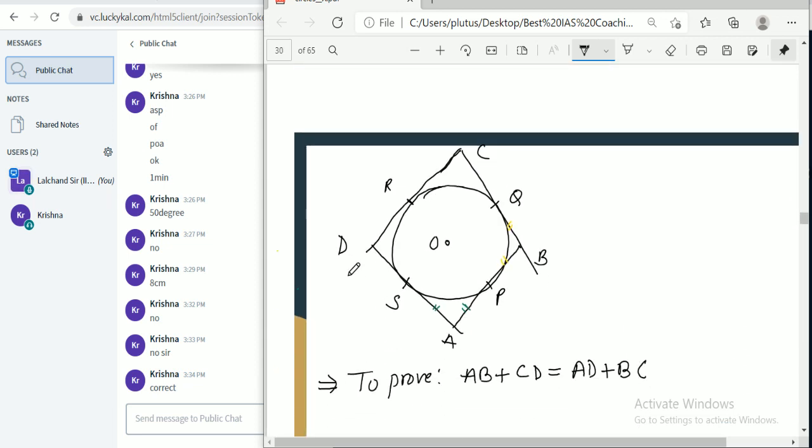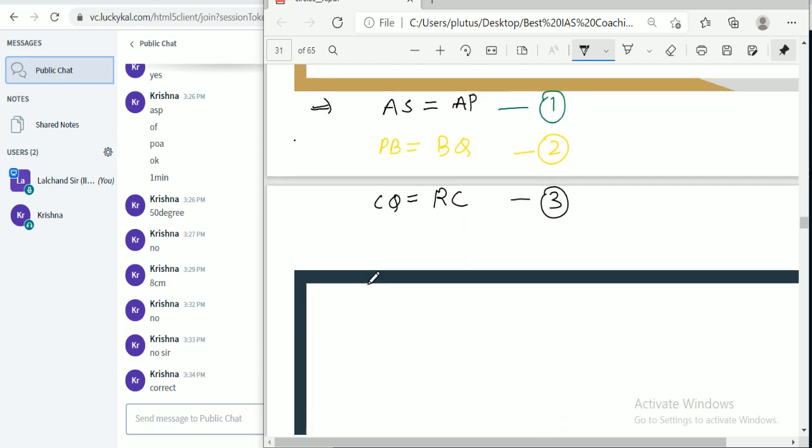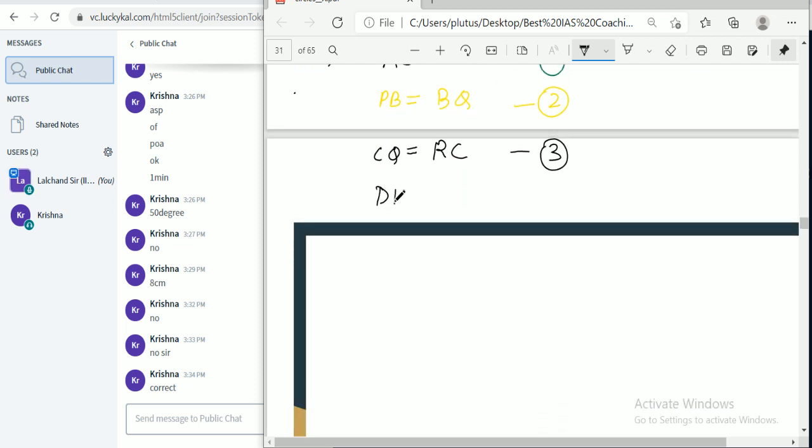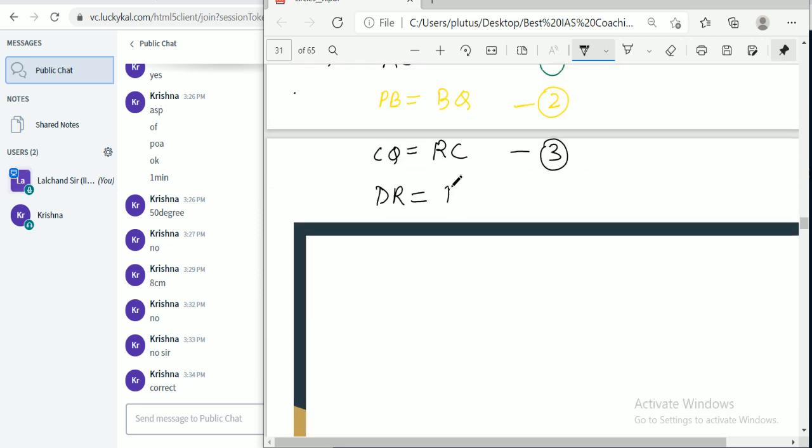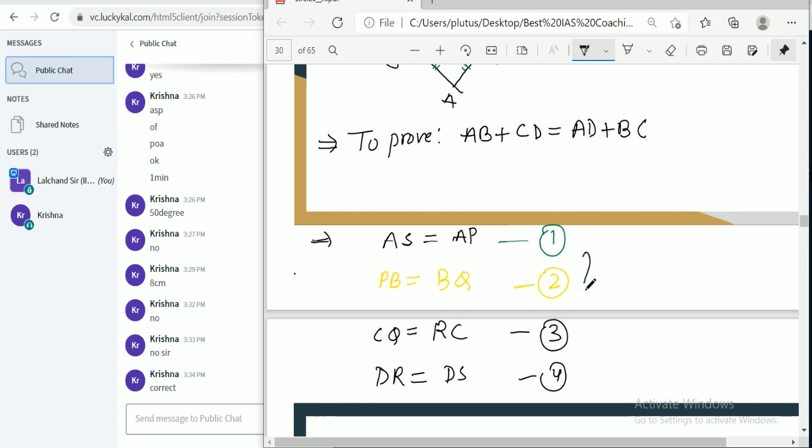And if we consider for D point, if D is the external point, then DR and DS are tangent. So we can say DR is equal to DS. This is equation 4. So what is the reason for all the 4?